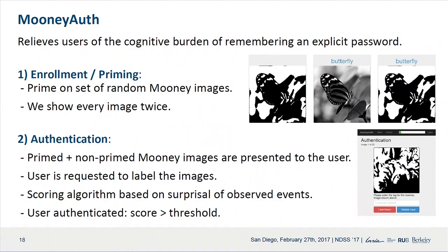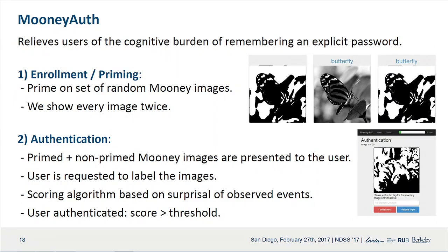So we built an authentication system out of Mooney Images that relieves the user of the cognitive burden of remembering an explicit password. The authentication system consists of 2 phases. In the first phase, the enrollment or priming phase, the user is primed on a set of random Mooney images, and we show every image twice.